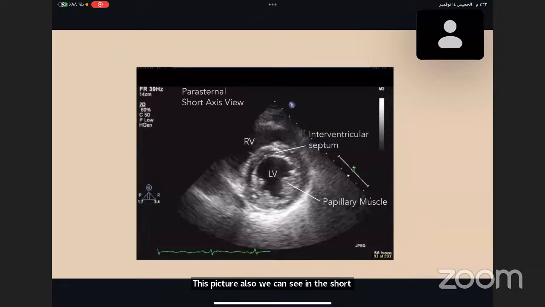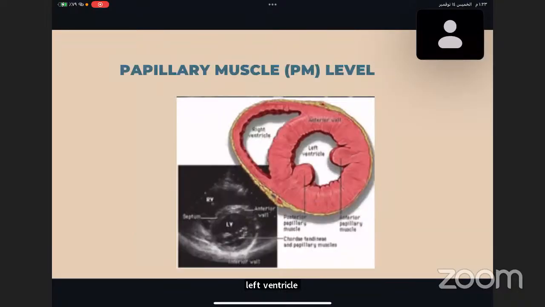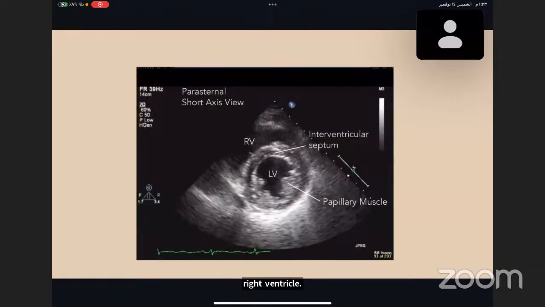We can see the papillary muscle level here, the left ventricle, and the right ventricle. In the short axis view, we can assess the right ventricle size and function, and the left ventricle size and function.